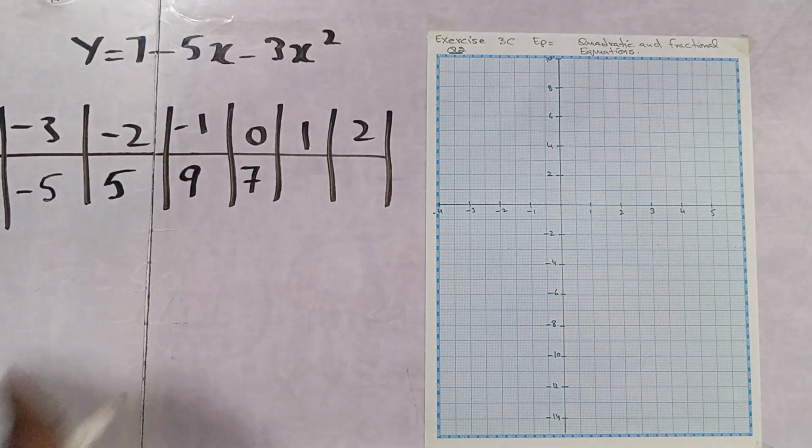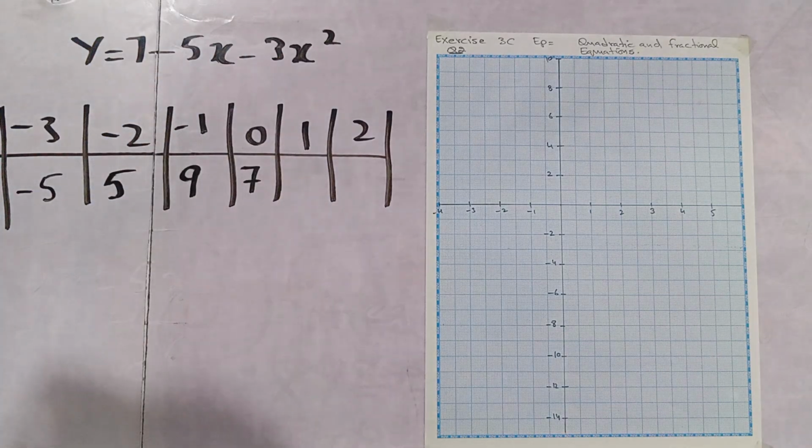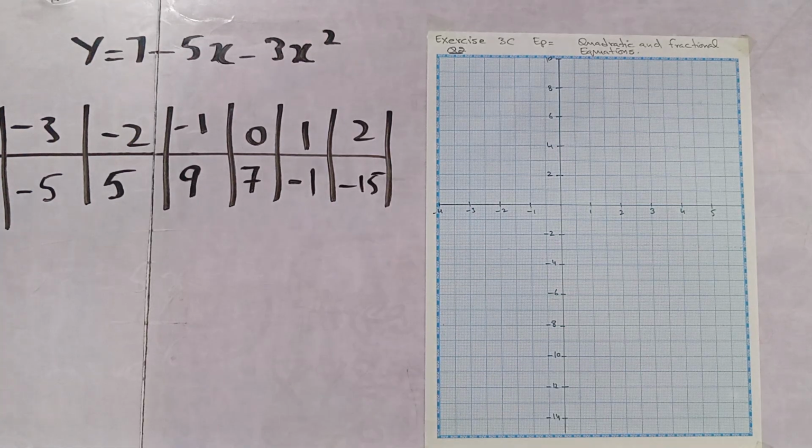When you enter 1 it will be 7 minus 5 minus 3, so it's minus 1. When you enter 2 it will be 7 minus 10 minus 12, that's minus 15. So I have completed the table.